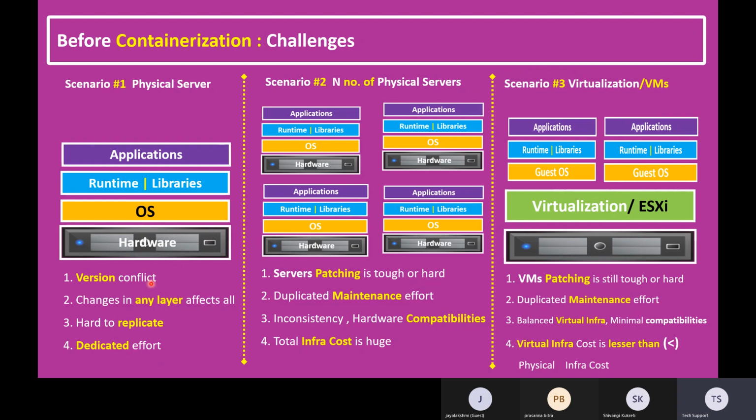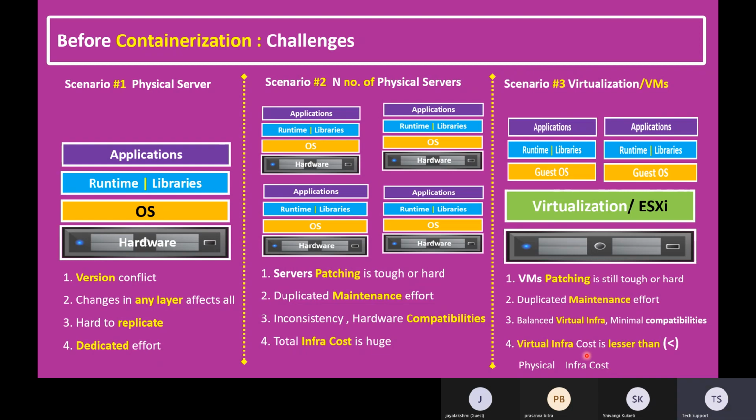Compared to traditional, where there are more compatibility issues, in the virtual environment the compatibility issues are much fewer. And the cost, we already know that virtual infrastructure cost is less than physical infrastructure cost. Okay, so this is scenario 3.